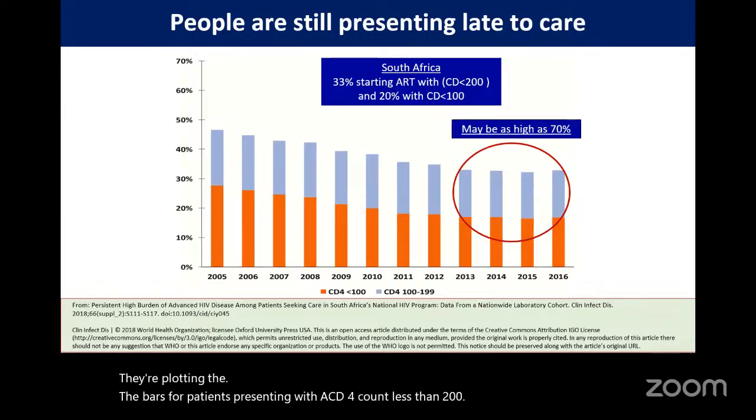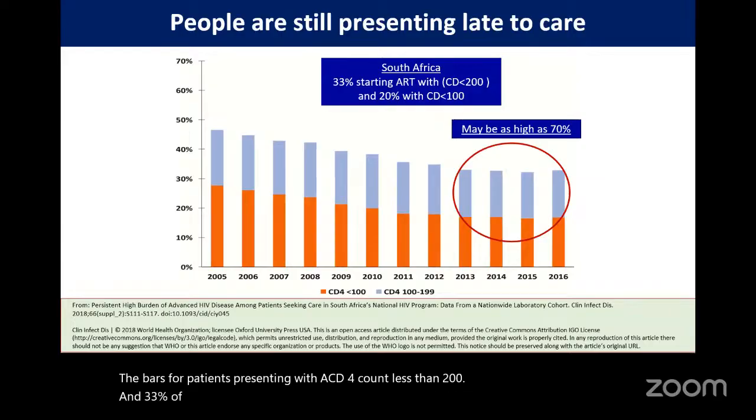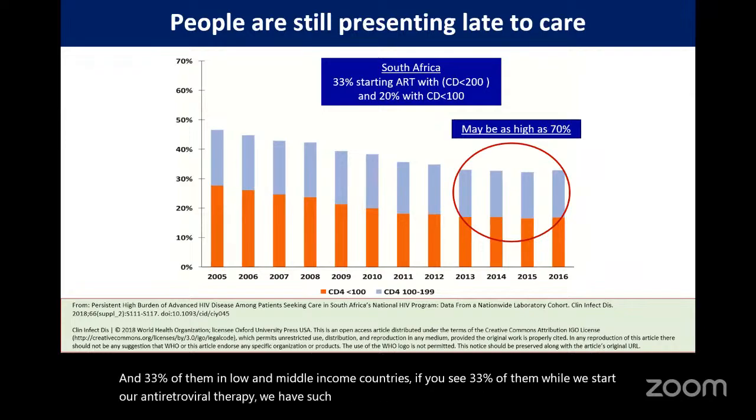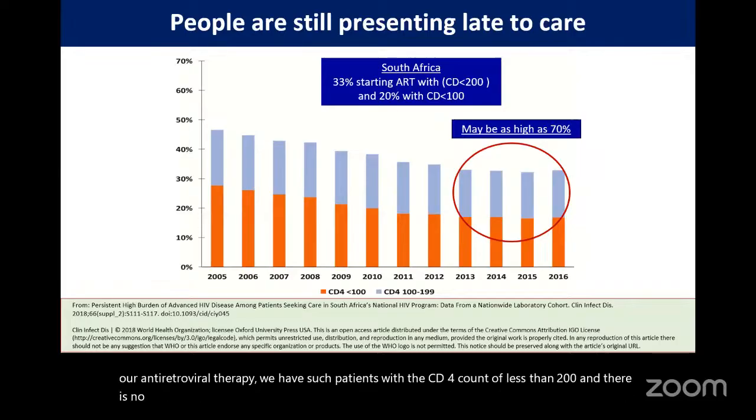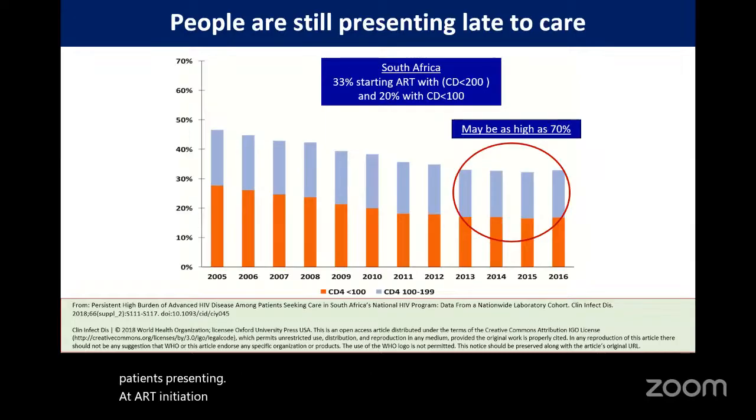And 33% of them in low and middle income countries, while we start our antiretroviral therapy, we have such patients with a CD4 count of less than 200. And there is not much difference between patients presenting with CD4 below 100. So 20% of our total patients presenting at ART initiation will have a CD4 count less than 100.